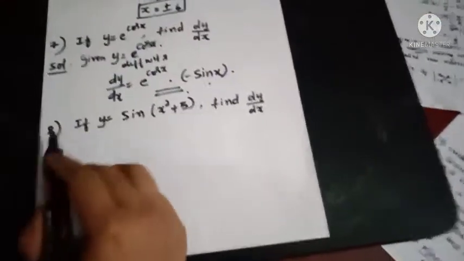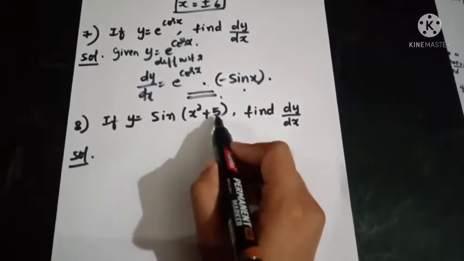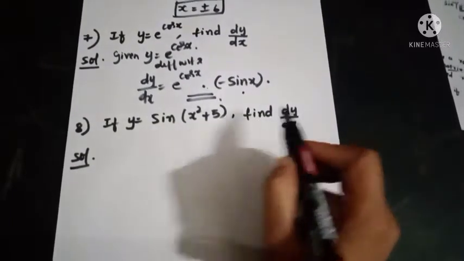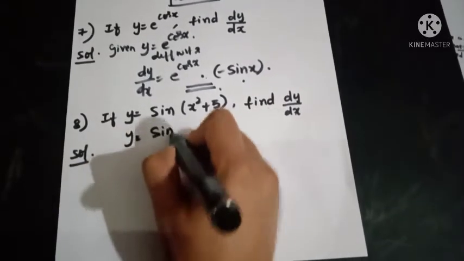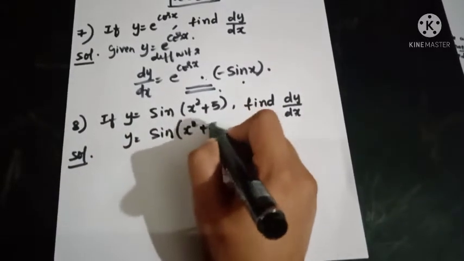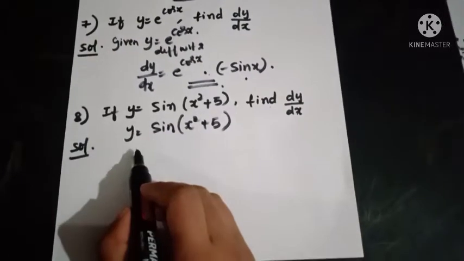Eighth question is if y is equal to sine of x square plus 5, find dy by dx. So given y is a sine function. It also contains another function x square plus 5.